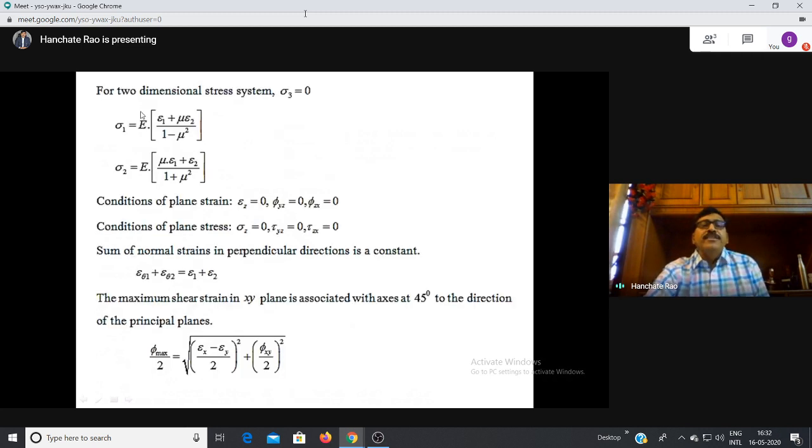Easily remember this: sigma 1 is equal to E by 1 minus mu square into epsilon 1 plus mu times epsilon 2. Sigma 2 is equal to E by 1 minus mu square into mu times epsilon 1 plus epsilon 2. Like that you can obtain sigma 1 and sigma 2 once you know epsilon 1 and epsilon 2 in case of a two-dimensional situation.